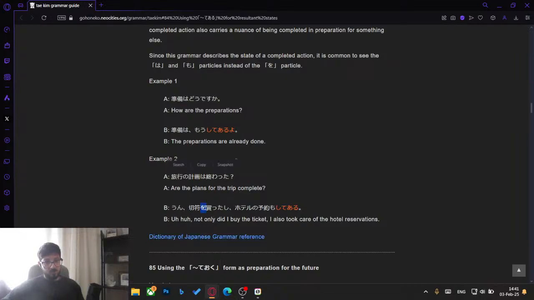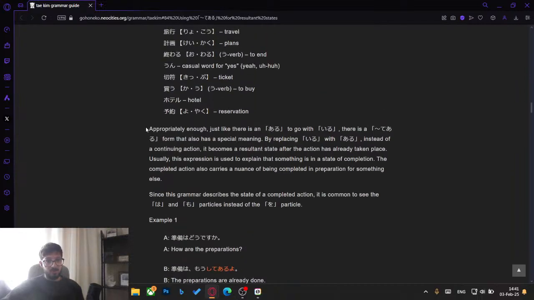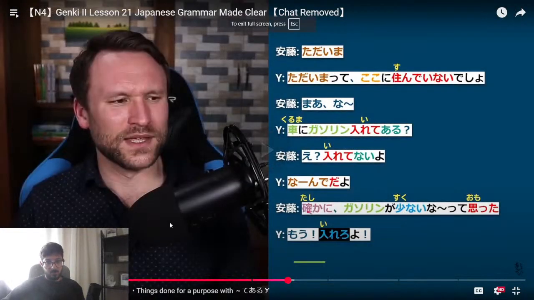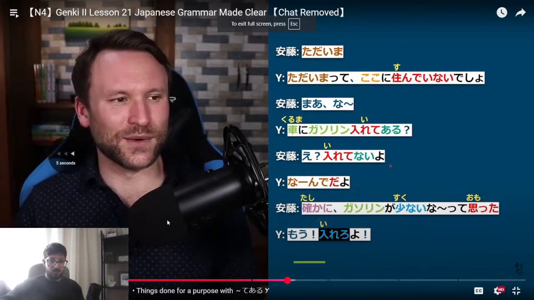So O here, because not only did I buy the ticket, I also took care of the hotel reservation. Yeah, nothing new. He didn't add anything new. I think I understand te aru, but this O and Ga part, maybe you need more explanation later.